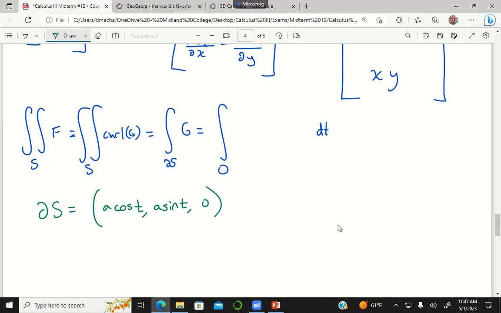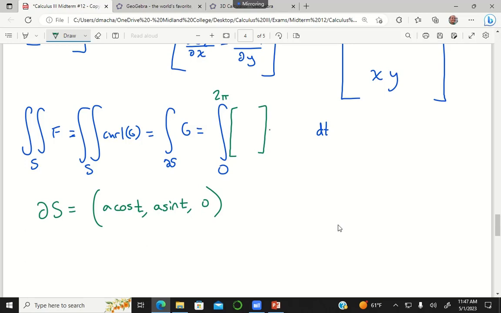Is one dimension lower than the... Yeah. Yep, and t is going to go from 0 to 2 pi because I'm trying to trace the whole circle. And then what goes in the integrand is going to be the dot product between my vector field and the derivative of the parametric curve.